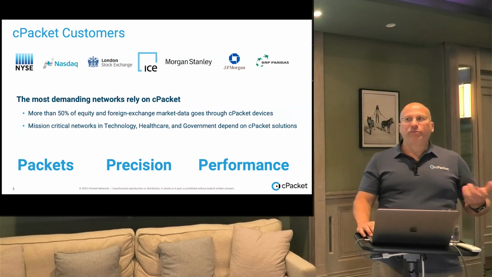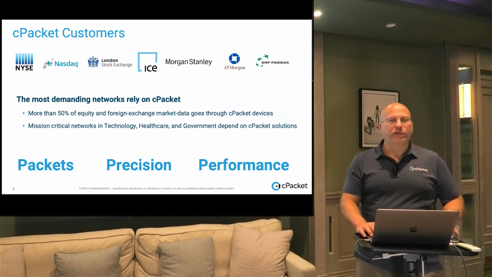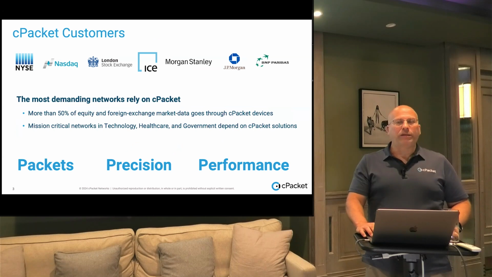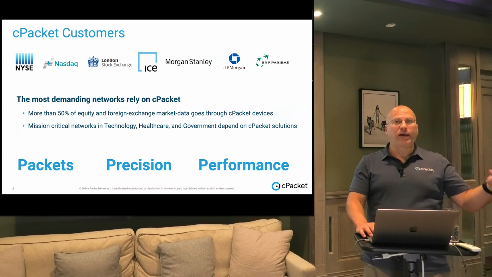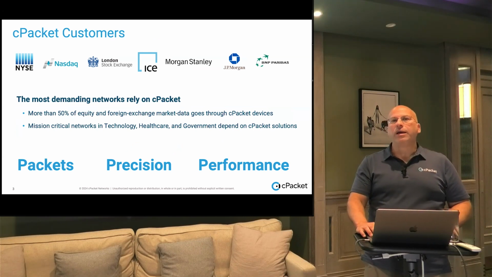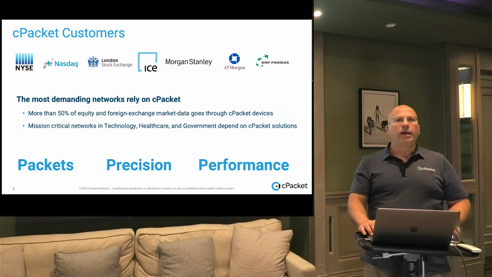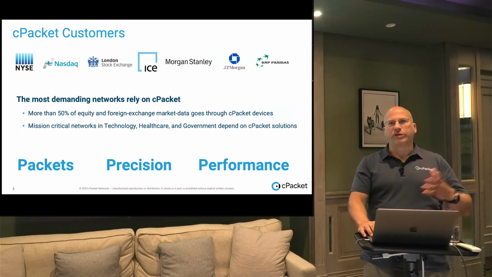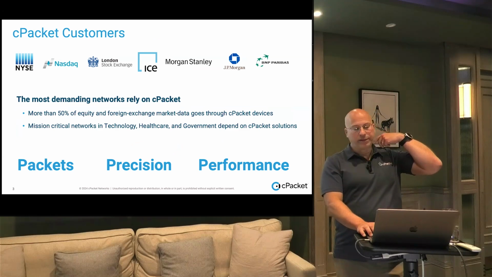At cPacket, we've been working with our customers in the electronic trading system for the last 12 years or so. The most demanding, both on the exchange side, so the sources of the data, as well as the high-frequency traders that consume the data, and anything in between. So the service providers in the middle and the traders at the end.